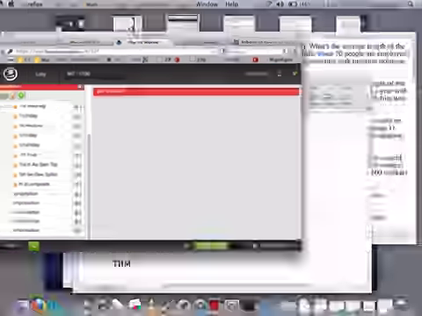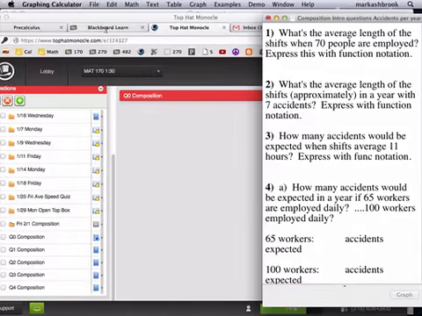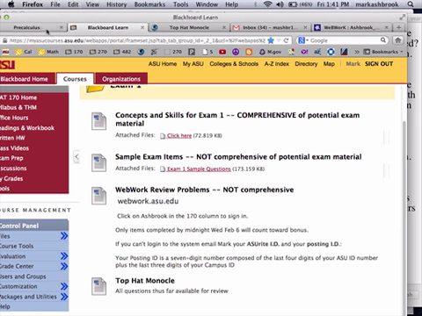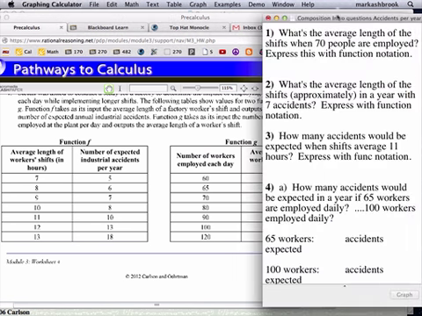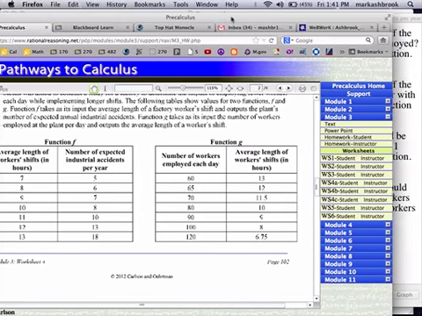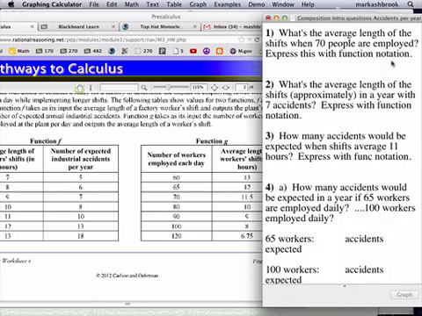Okay, let's see here. What I want you to do is open up to page 102. On page 102 in your book, they have these two tables, a function f and a function g. So the function f, what does it do?